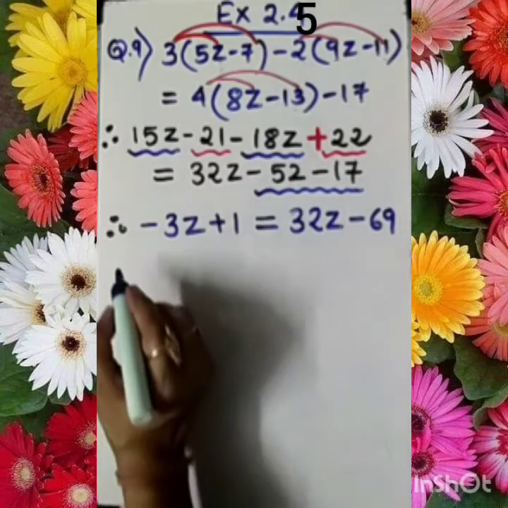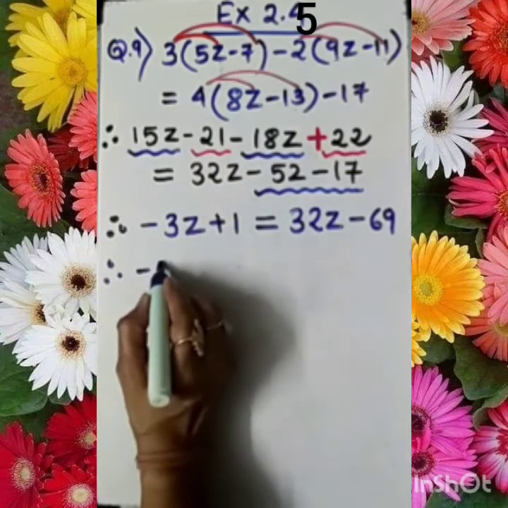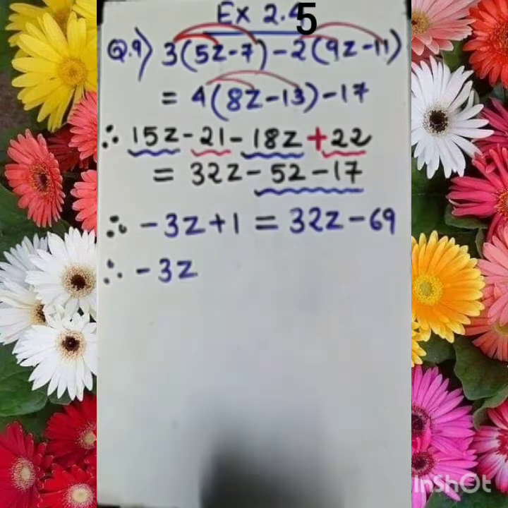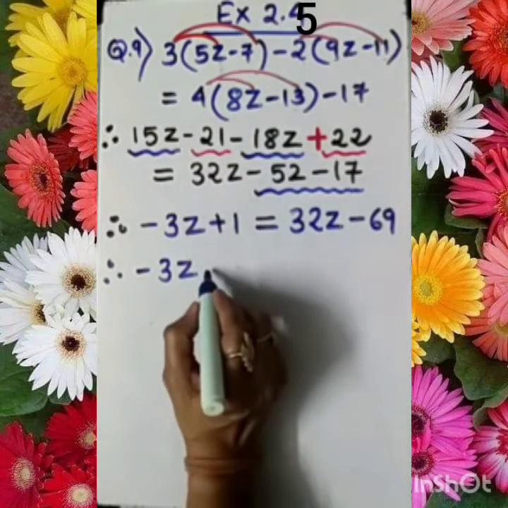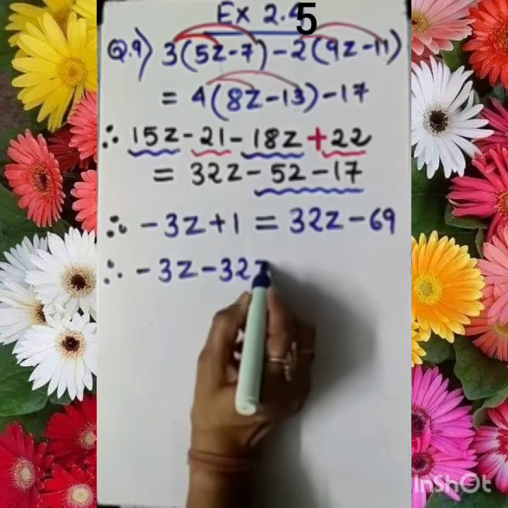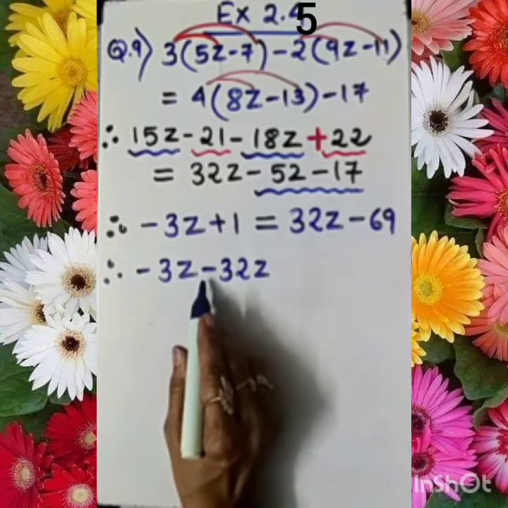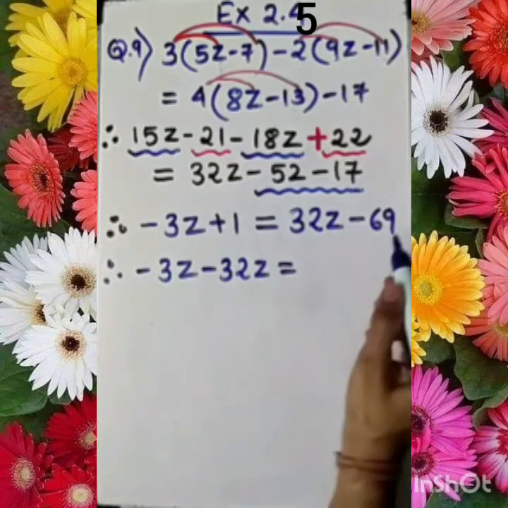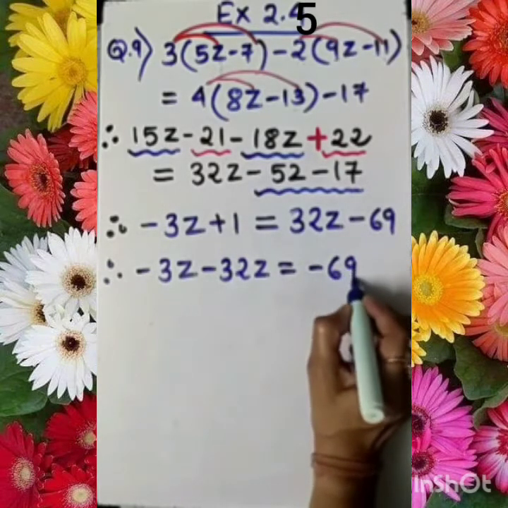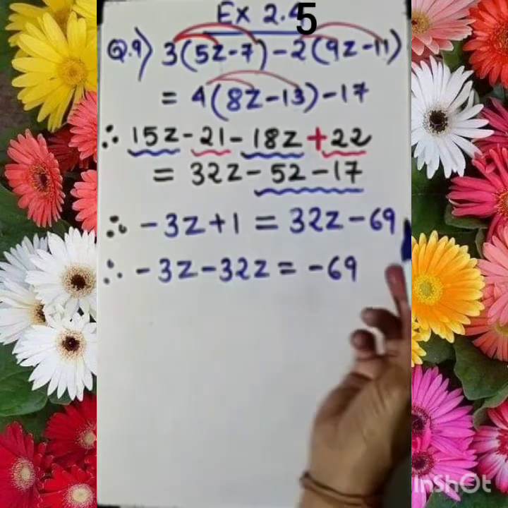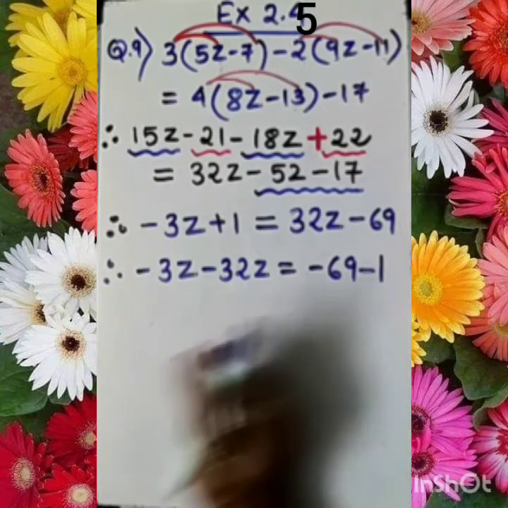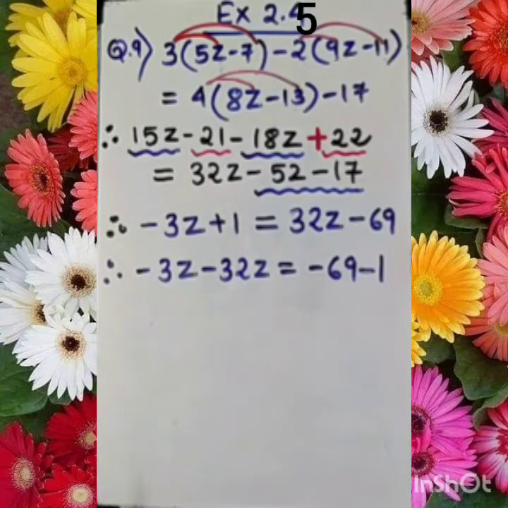So dear student, next step, minus 3z is already there on the left side. Let me bring this 32z to the left side. So while transposing, its sign will be changed. So this will become minus. On this side it is minus 69, already there. This plus 1 I am transposing to the right side, it gives minus 1.